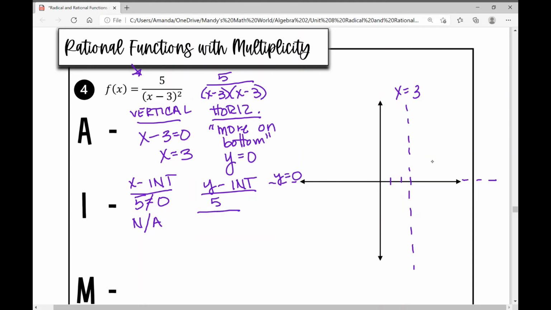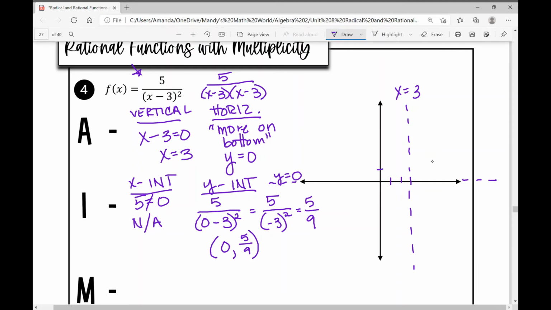So 5 over 0 minus 3 squared, which is 5 over -3 squared, which is 5 over what? Positive 9. So my y-intercept is 0, 5/9, which is just a little more than 1/2. So if there's where 0, 1 is, then 0, 5/9 would be like right there.